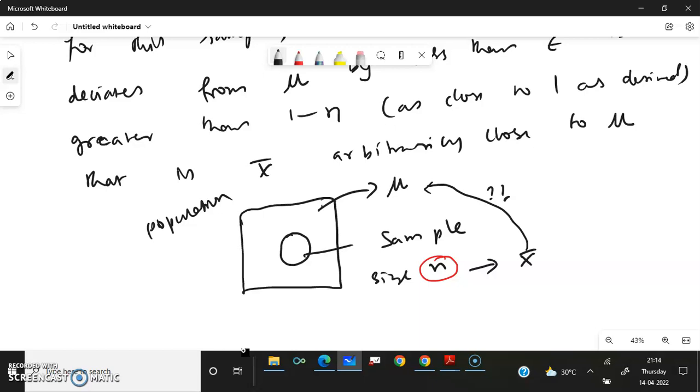X bar deviates from mu by less than epsilon. Epsilon is a number very close to 0.